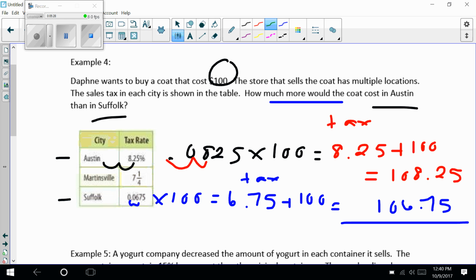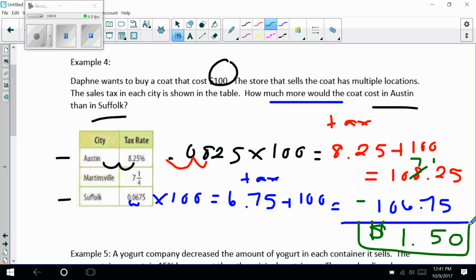So I'm going to take my Austin cost of $108.25 and subtract my $106.75. So to do that, I have to borrow. 12 minus 7 is 5. 7 minus 6 is 1. So it is going to cost $1.50 more in Austin. So your answer for this problem is $1.50 because your total cost for the coat is going to be $1.50 more in Austin than if she bought it in Suffolk.